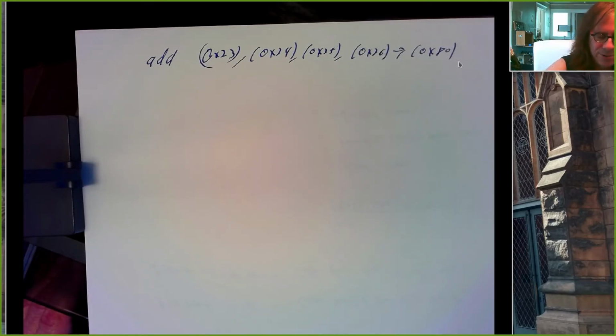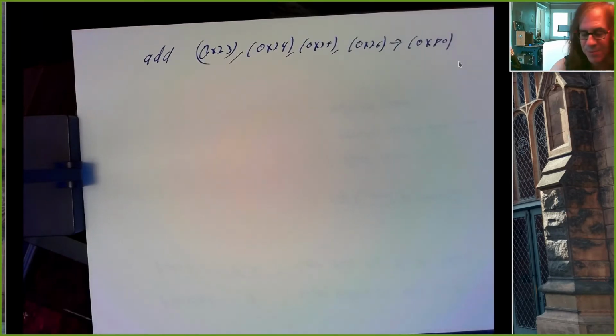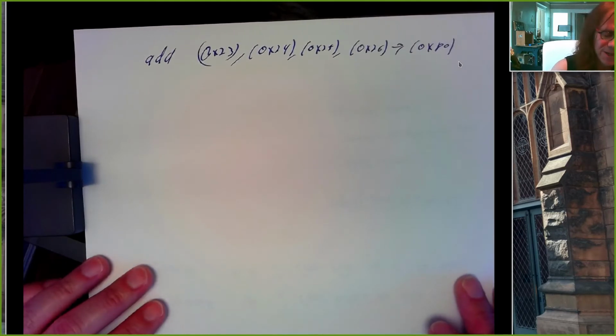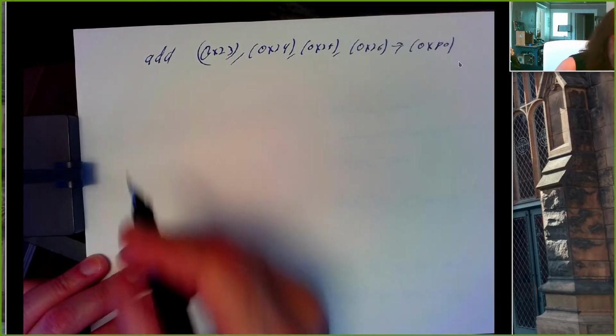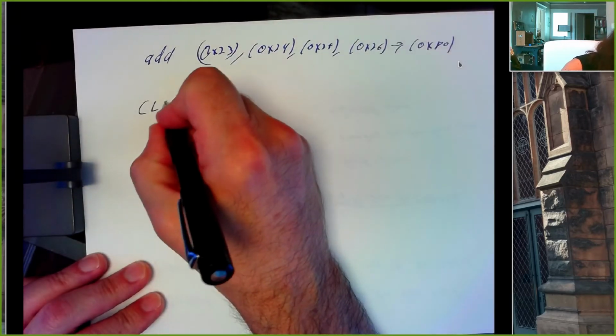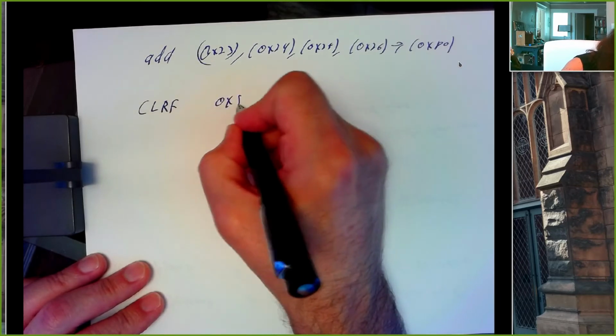All right, so a running sum is a common thing to do in programming. You want to accumulate a bunch of numbers together or something like that. So here we might want to clear file register 80.